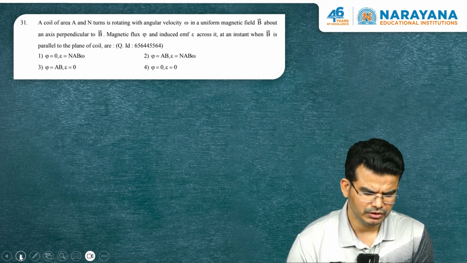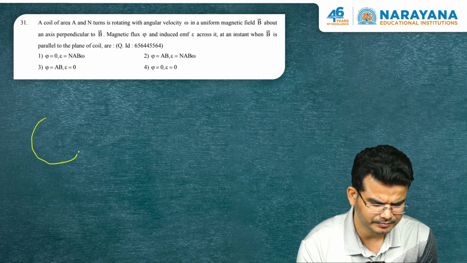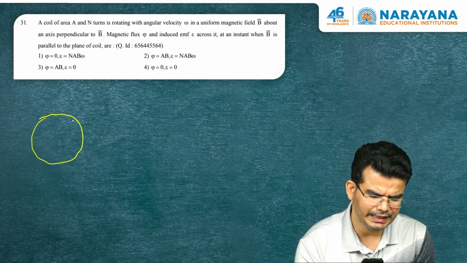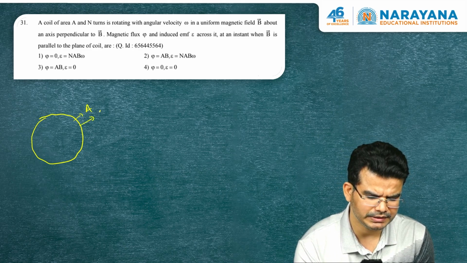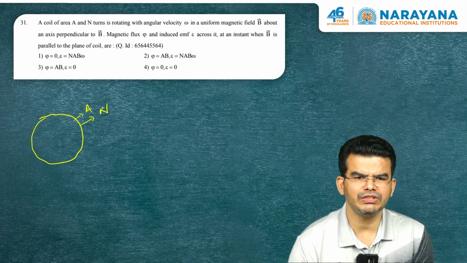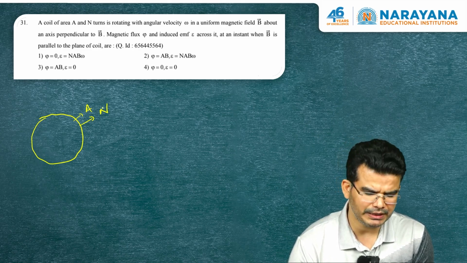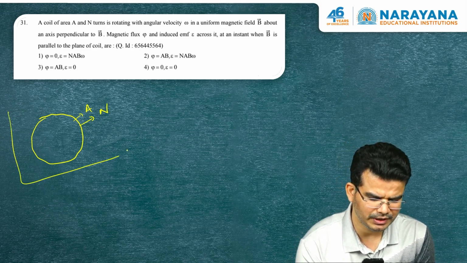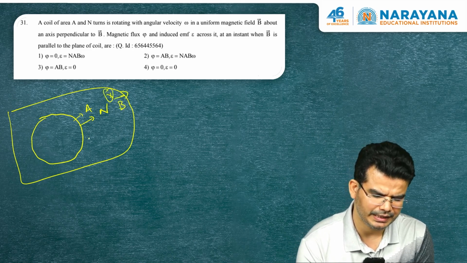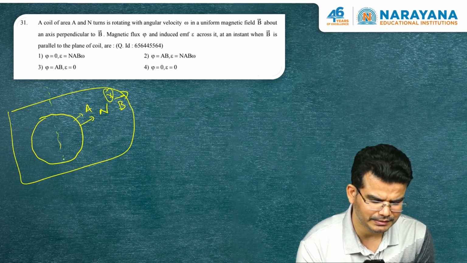Okay. So, let us say this is the coil, having area A and number of turns n, fine. It is rotating with angular velocity omega in a uniform magnetic field about an axis perpendicular to B. So, let us say in this whole region you have a cross magnetic field for the time being, and let us say this is the axis.